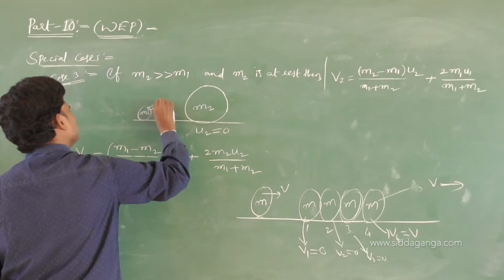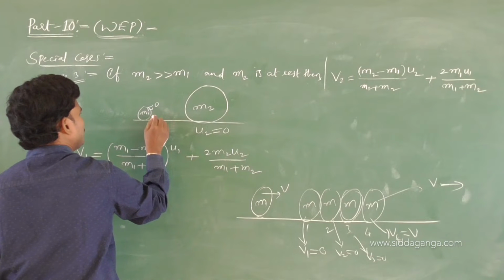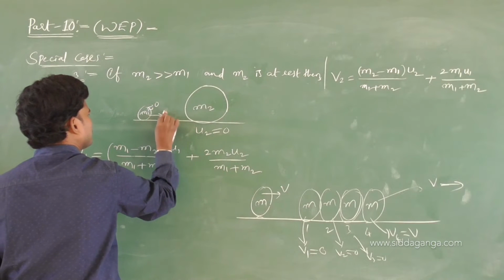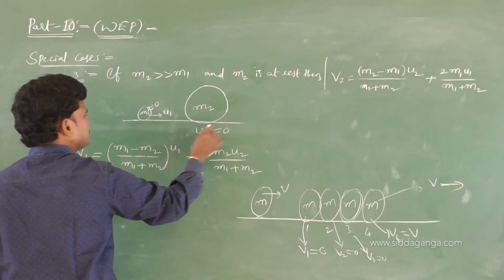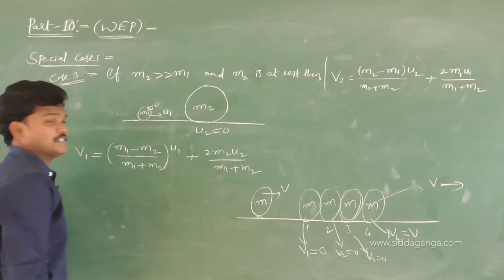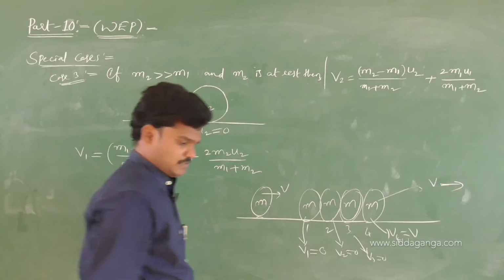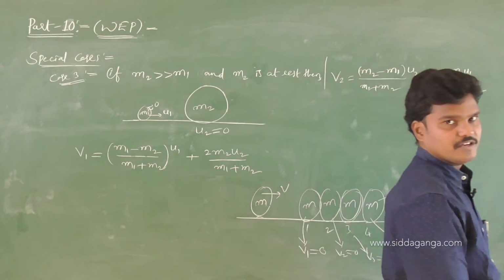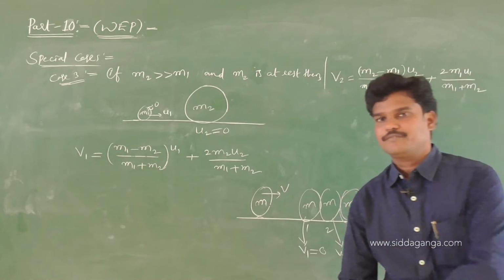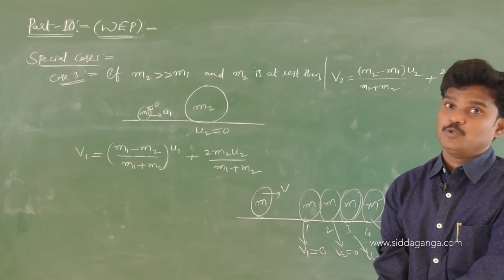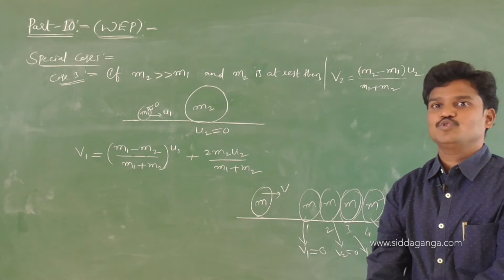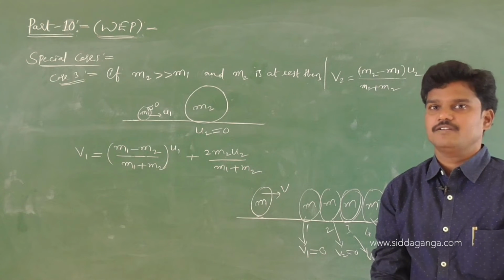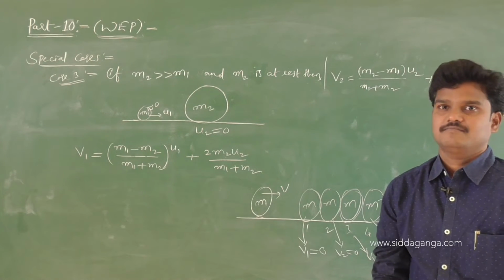This is the condition. The mass of m1 is small, so negligible. You make m1 as 0, moving with speed u1. It hits another mass m2, which is heavier than m1, but at rest.